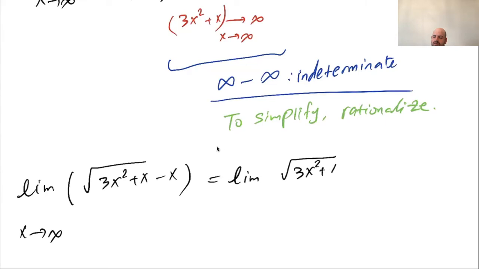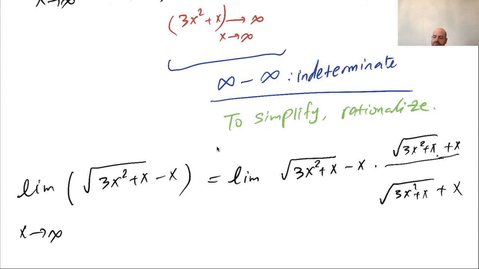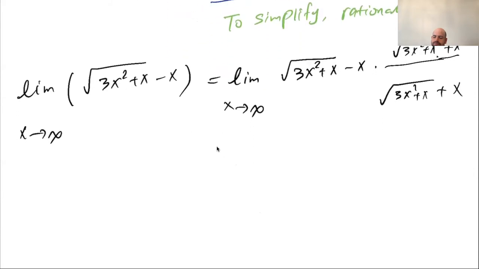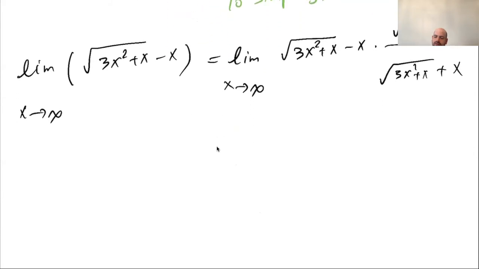So what am I going to get? The top is 3x squared plus x minus x times root 3x squared plus x, divided by root 3x squared plus x, as x goes to infinity. For the top, a minus b times a plus b is a squared minus b squared.